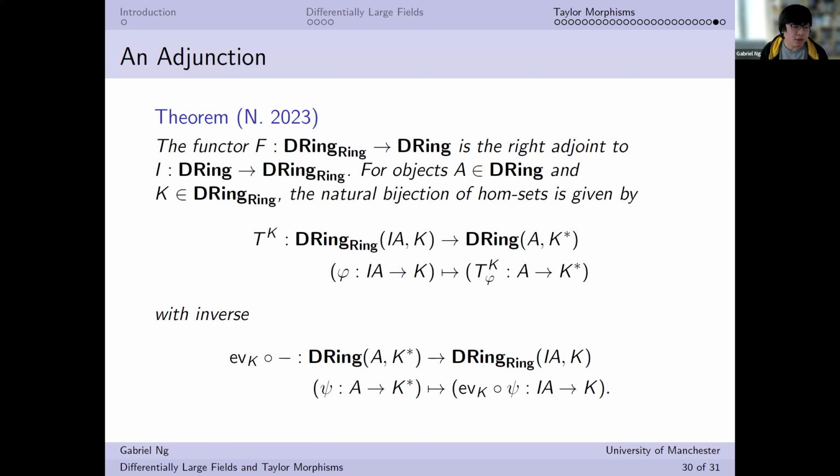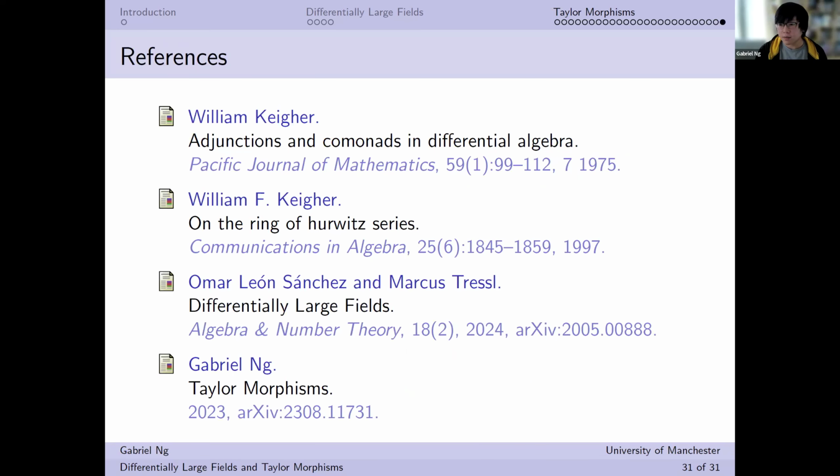There's a few things to be done because this Hurwitz ring is not generally a domain, for example, in positive characteristic, so you have to work around this somehow. And I think that's more or less all I have to say for today. Thank you for listening.